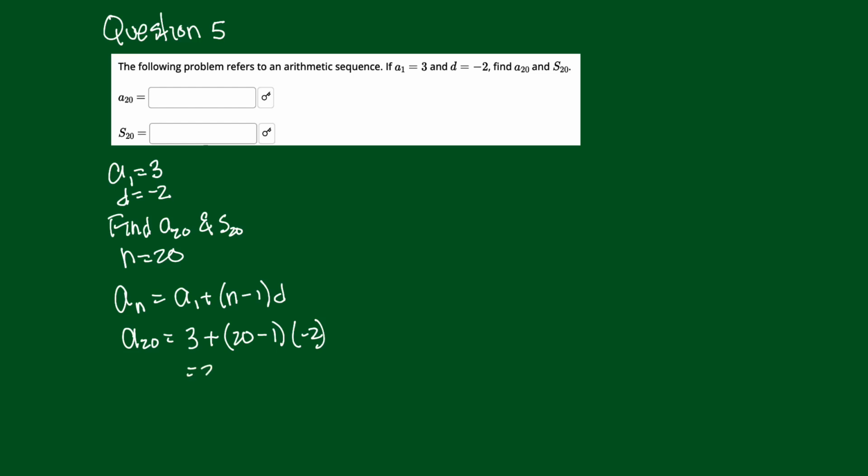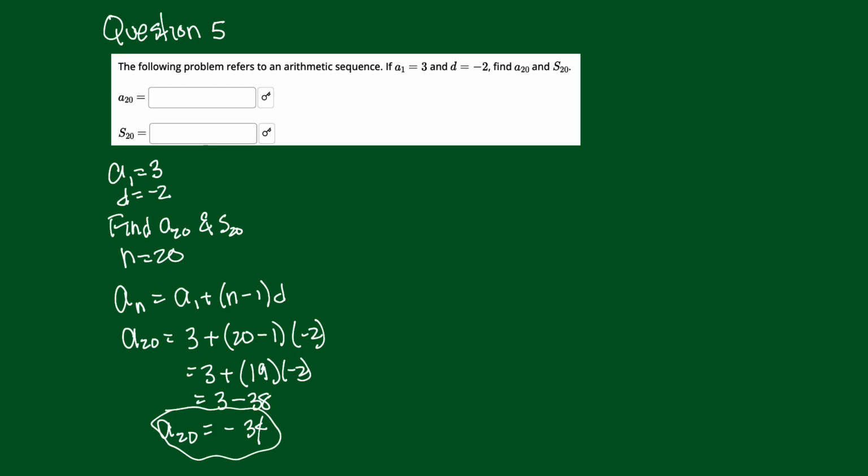So we will get 3 plus 19 times negative 2. So how about 3 minus, now 19 times 2, 38. That gives us negative 34. So I think that the 20th term is negative 34.